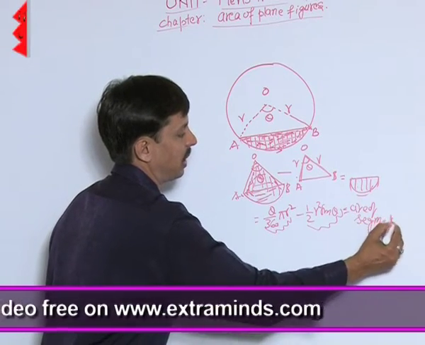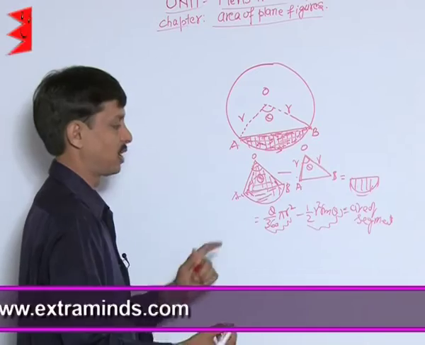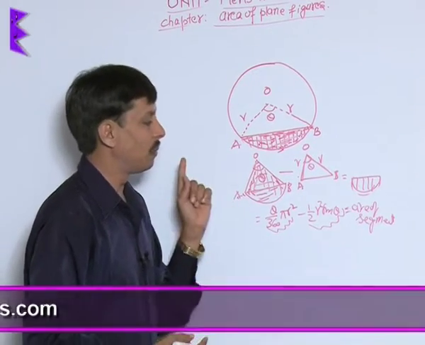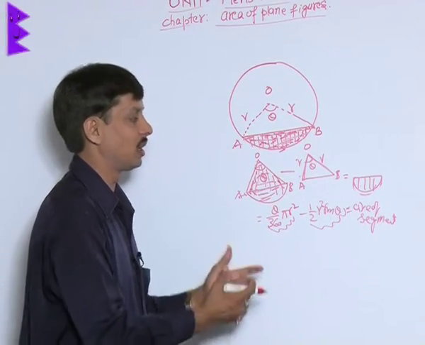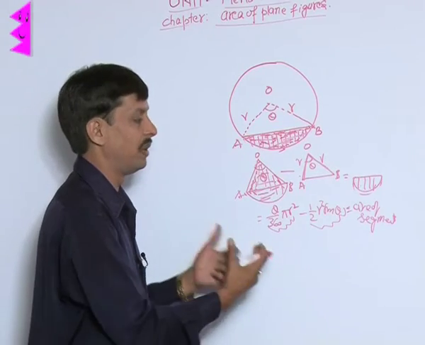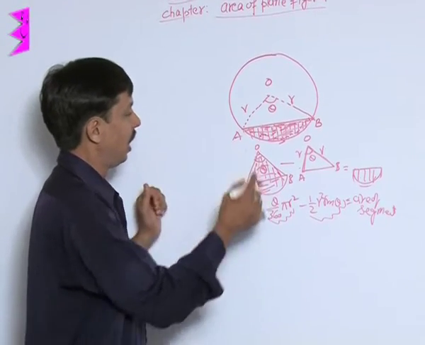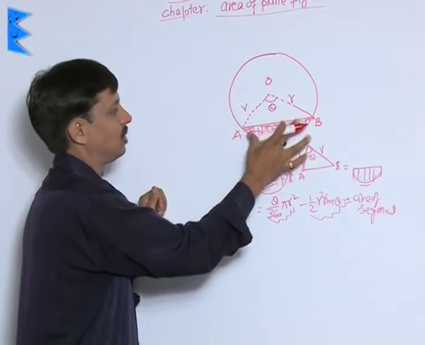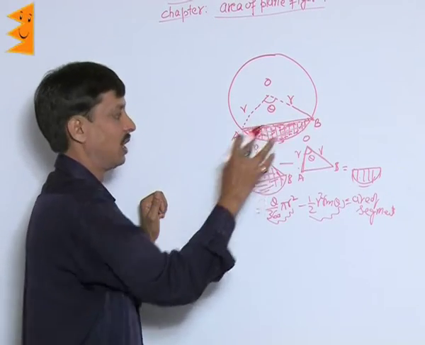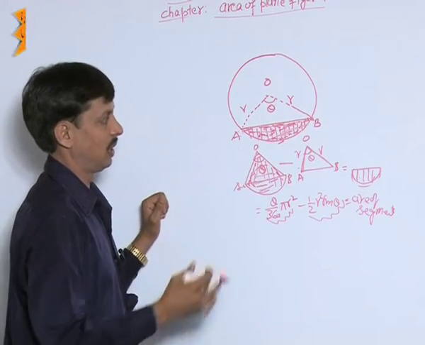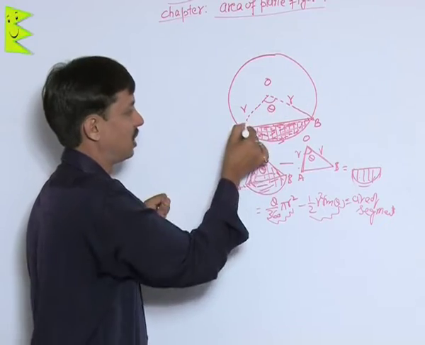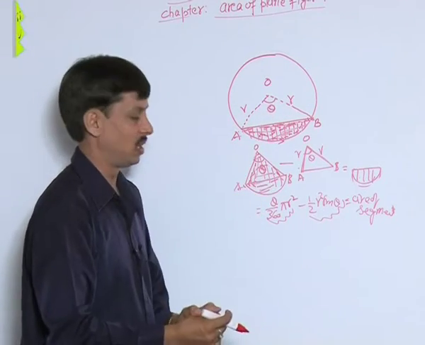And what the minor and major segment are is also being explained to you. The area of the minor segment or major segment is the corresponding area. If the length of the arc is minor, then it is the minor segment. If the length of the arc is major, then it is the major segment.